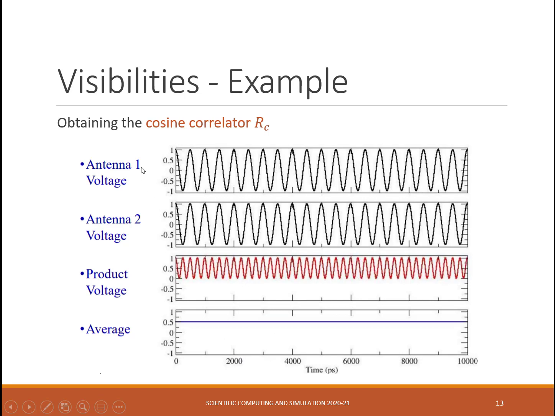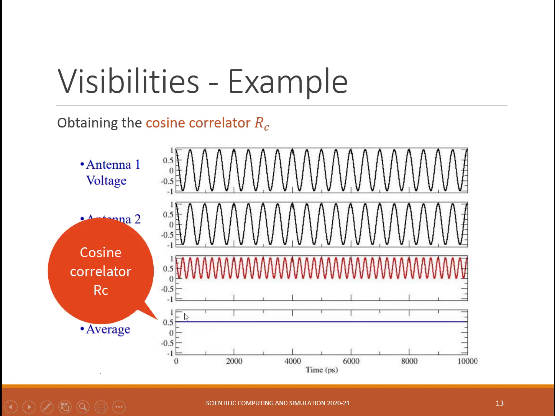Here in this slide, we have the signals received by two antennas. To obtain the visibility correlation between the two antennas, we first multiply the signals together at corresponding times. The result is a new signal. By applying an average on the result, we obtain a single number which is the cosine correlator Rc.